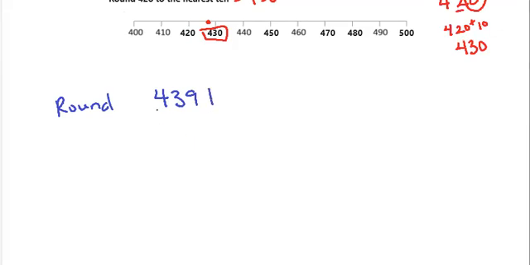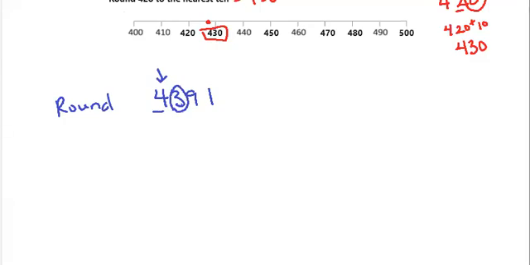We're going to round 4,391 so that there is only one non-zero digit. That means we are going to be rounding to this place. I only want one digit that isn't zeros. I'm going to underline the number that we're rounding to, and I'm going to circle the next one.